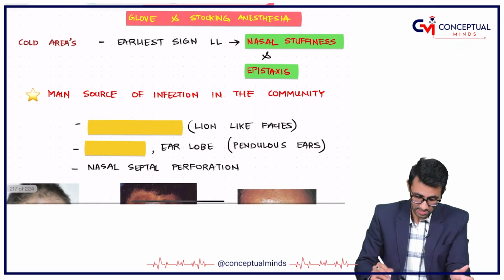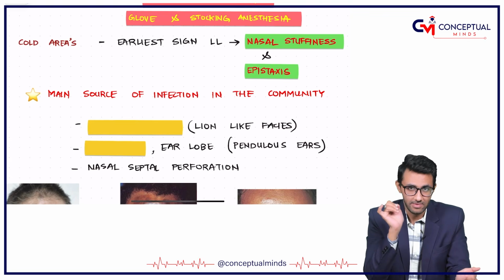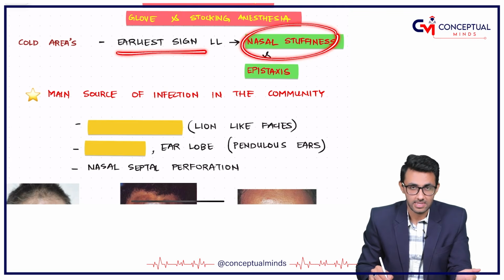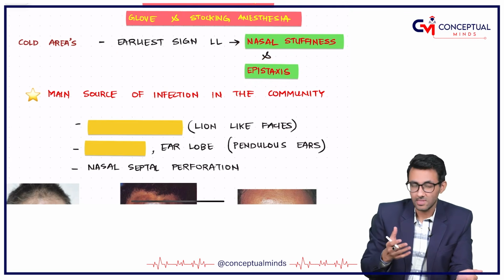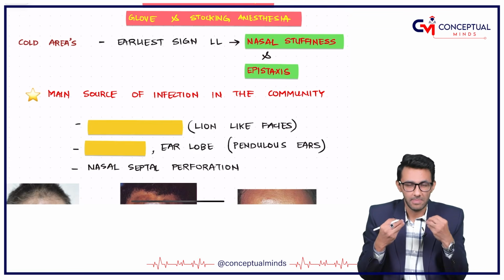So if you give it a thought, if some disease has the earliest manifestation of nasal stuffiness and it also has epistaxis as the earliest sign, do you think it is a problem for the community, that this could cause mayhem in the community?